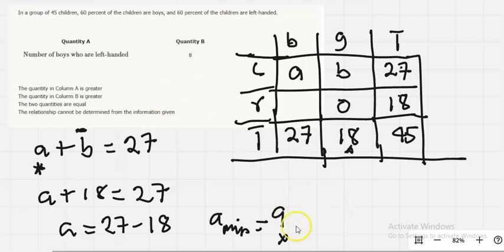So from what we have here, we can answer the question because the minimum value of A is greater than B already. So our answer is A, quantity A. This is what we do in the question for today. Thanks for waiting up to the end of the explanation. We continue from here next time we meet.